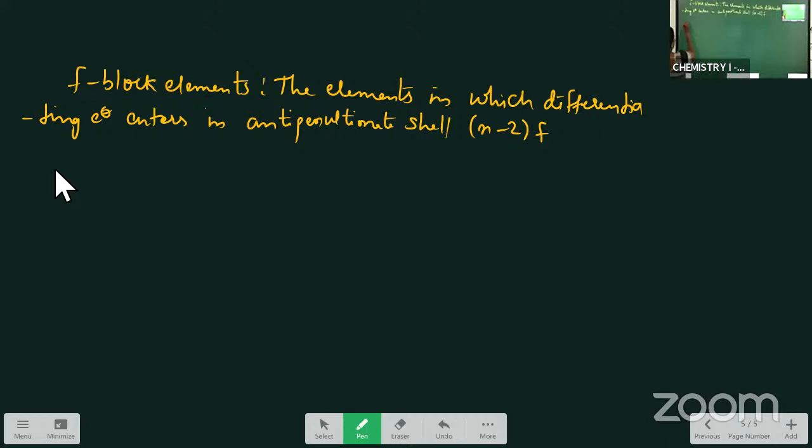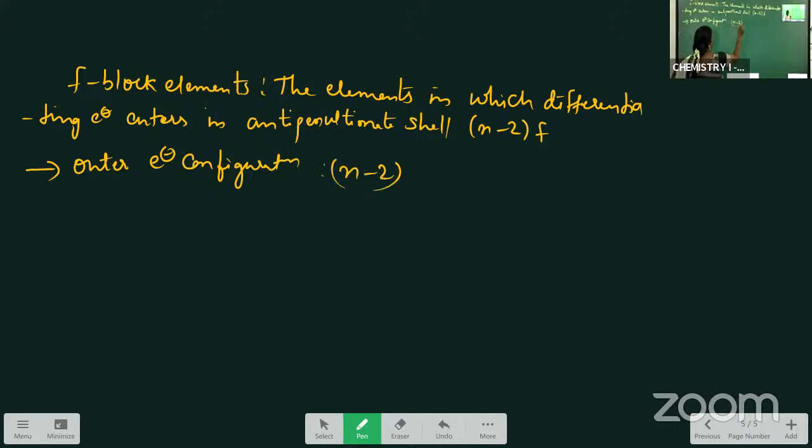Then next, what is the outer electronic configuration? (n-2)f 1 to 14, (n-1)d 0 or 1, ns2. This is the outermost electronic configuration of f block elements.